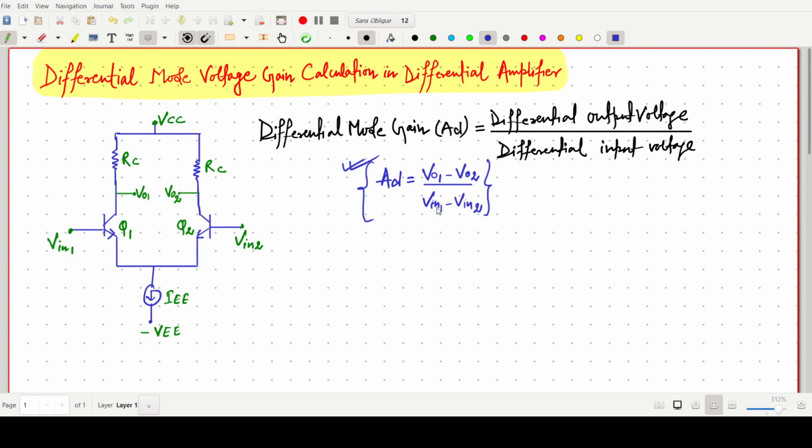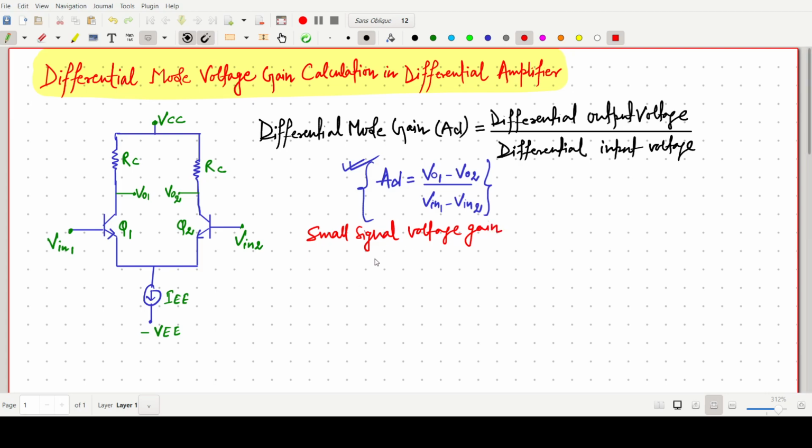For this purpose, we have to think about the small signal. We are talking about the gain, so this gain we can find by utilizing the concept of small signal voltage gain.